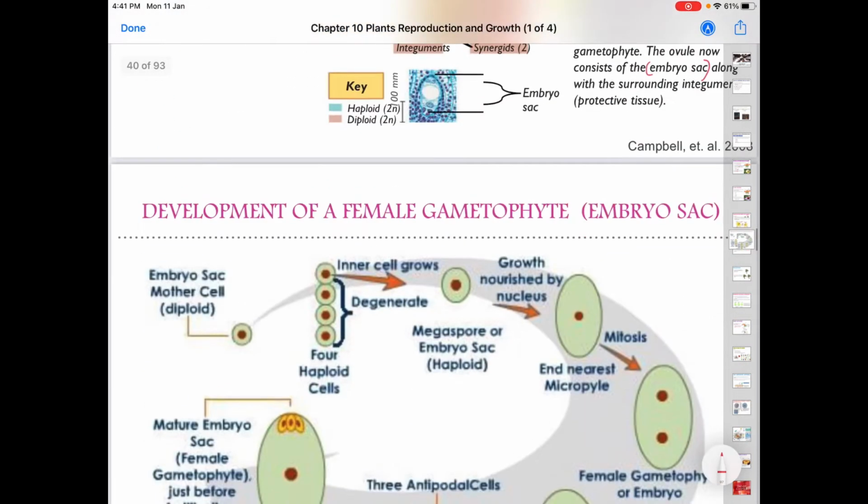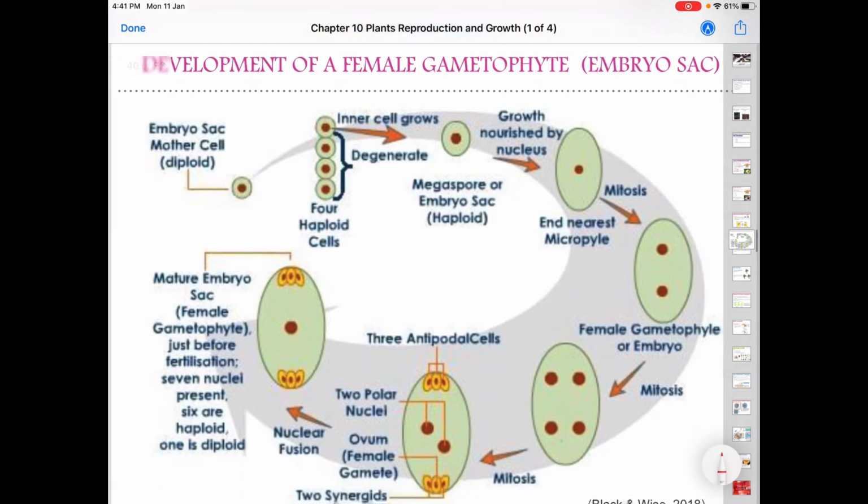This is the process, roughly. From one mother cell, they will undergo meiosis and produce four haploid megaspores. Only one will survive. This one survivor will undergo three times of mitosis in order to form an embryo sac with 8 nuclear cells.